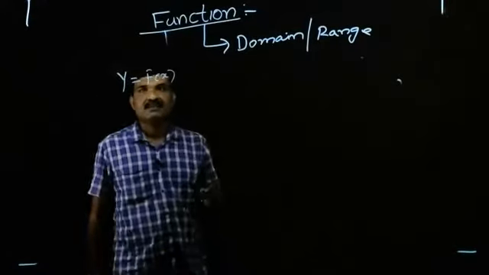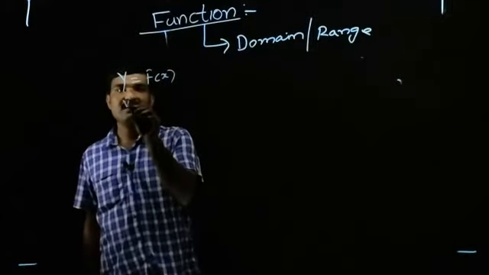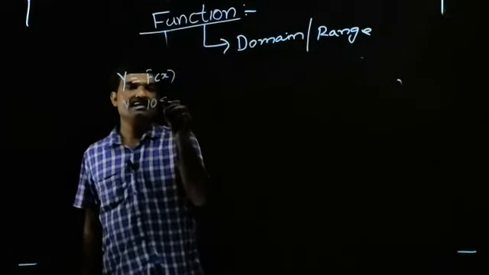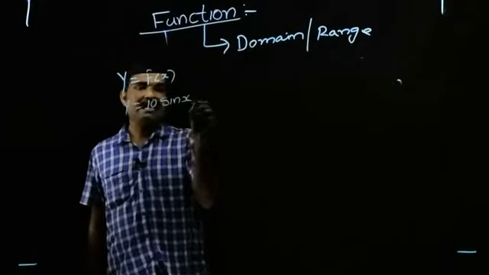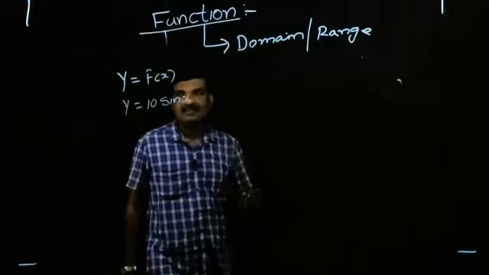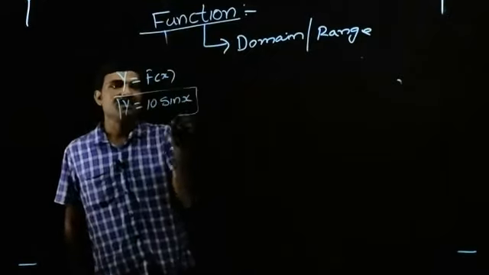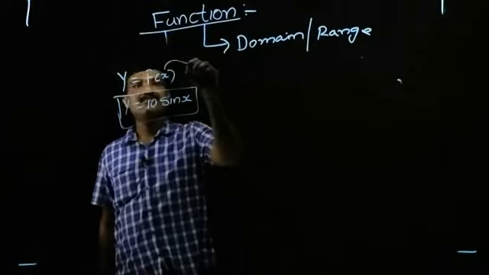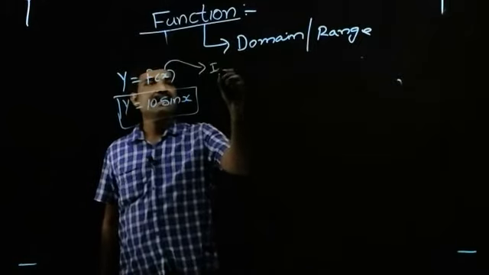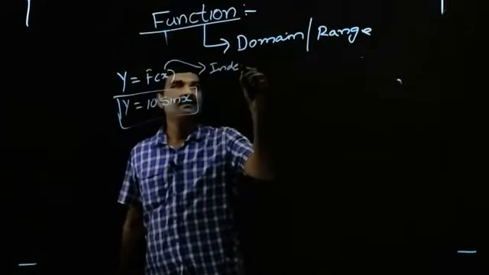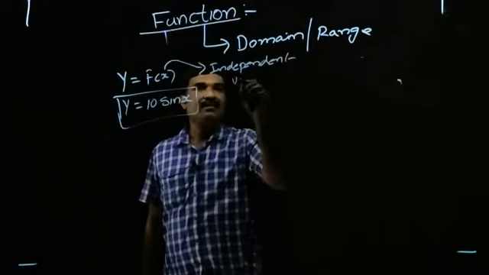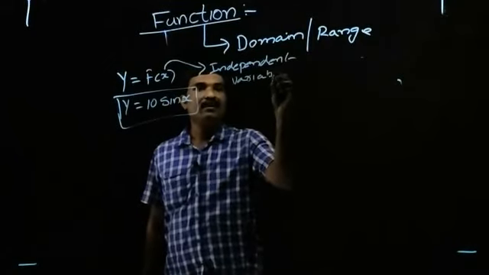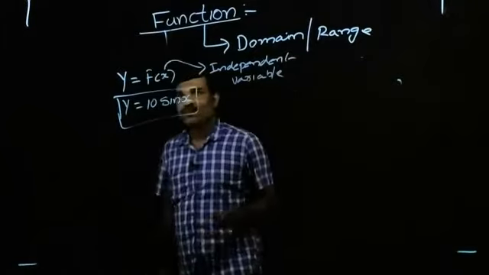For example, a function y is equal to 10 sine x. Here we know that this variable x is the independent variable, or input variable, or it is also called domain.